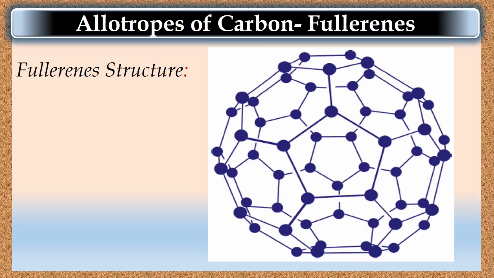The next allotropic form of carbon is fullerenes. So this is the structure of fullerene. Here 5-membered rings and 6-membered rings, so there are 2 types of rings present in fullerenes.